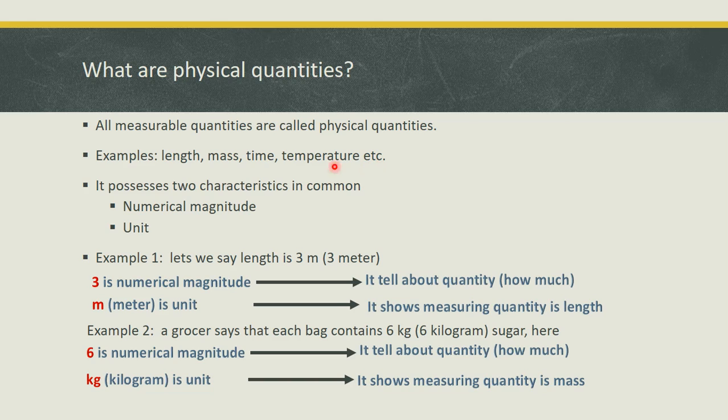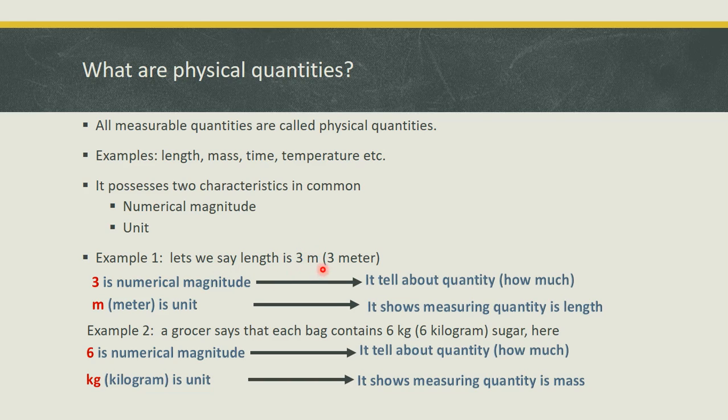So to measure a quantity we require two major things. The first is its numerical magnitude, that is how much the quantity is, and then its unit. The unit qualifies the quantity. For example, let's say the length is 3 meters. This small m is for meters.